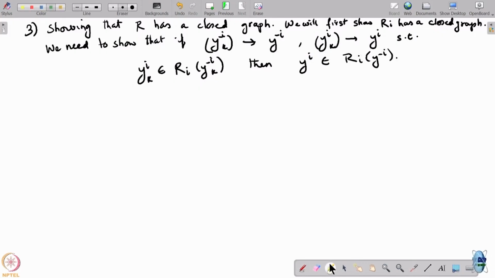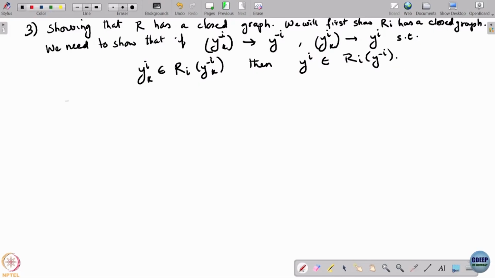So what do we need to show? If you take a sequence like this, y minus i k tending to y minus i and yi k tending to yi, where yi k is a best response to y minus i k, then the limit yi is also a best response to y minus i.